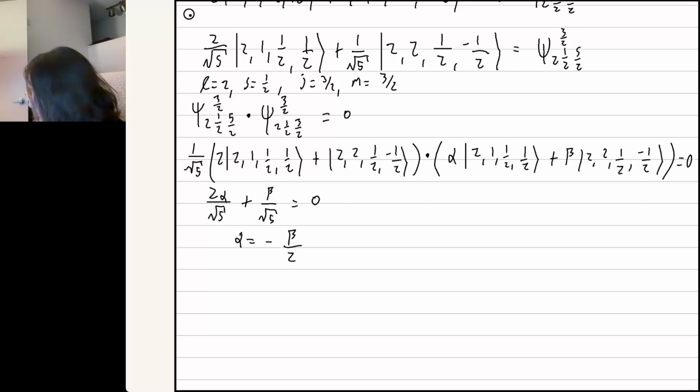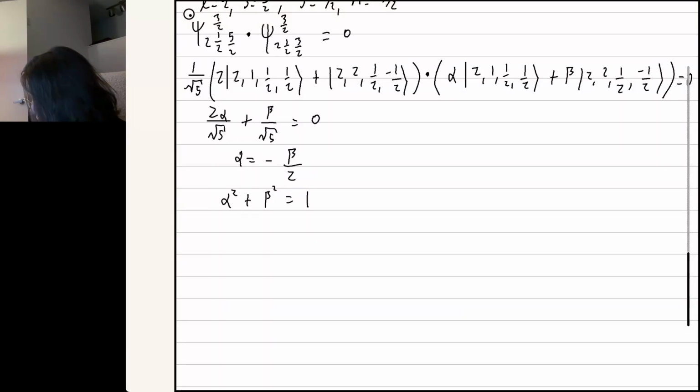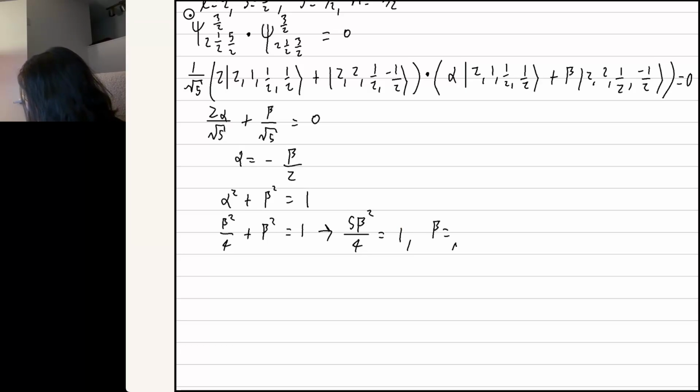If you also take advantage of the normalization of the basis vectors, you can get something like that and solve for beta, which is, we have 5 beta squared over 4 is equal to 1, so beta equals root 4 over 5, which is 2 over root 5, which means alpha is going to be minus 1 over root 5.